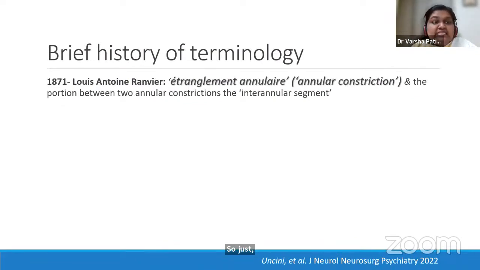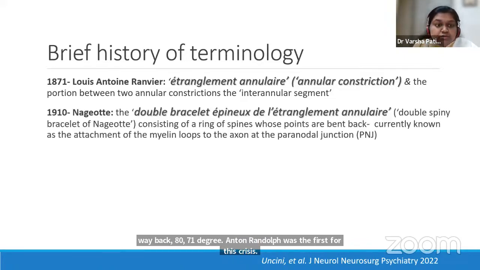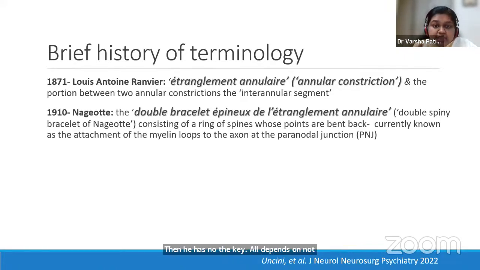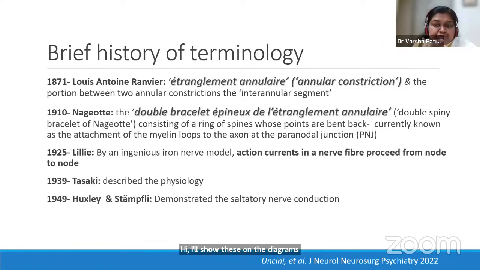Way back in 1871, Louis Antoine Ranvier was the first who described Ranvier's node, but he called it a noeud. A little later, Nageotte came up with these myelin loops which are attached to the paranodal junction. I'll show these in the diagrams later. And then, of course, the physiology came in.